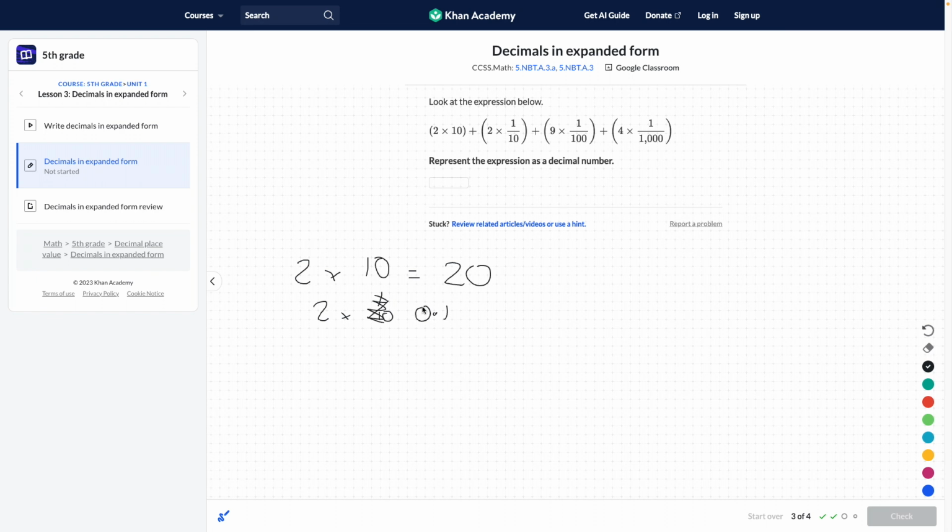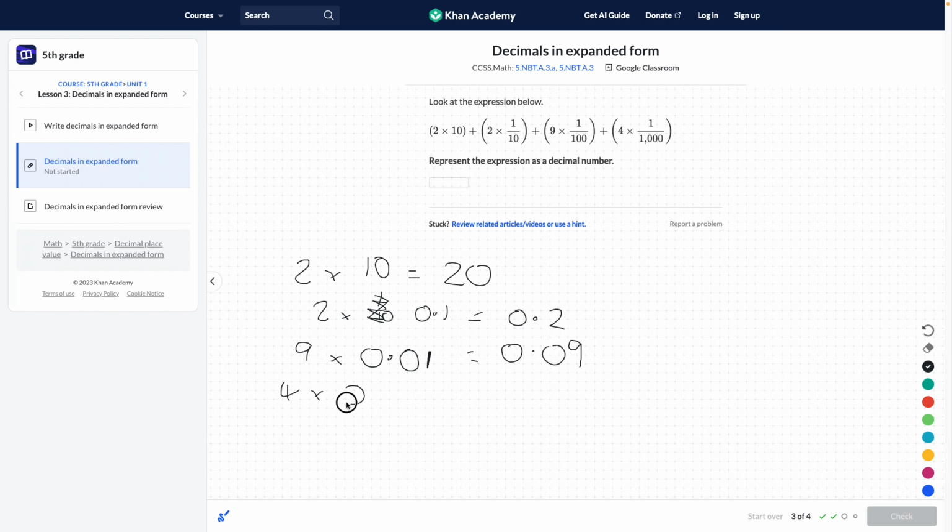And we know that 2 times 0.1 is 0.2. 9 times 100ths. So 9 times 0.0, and then that's tenths, and this is 100ths. So this is equal to 0.09. Okay, and now we've got 4 times 1,000ths.